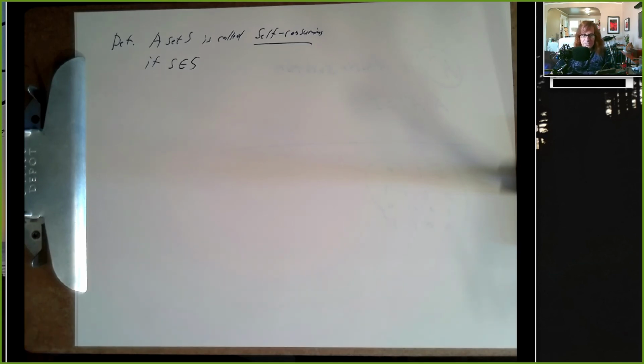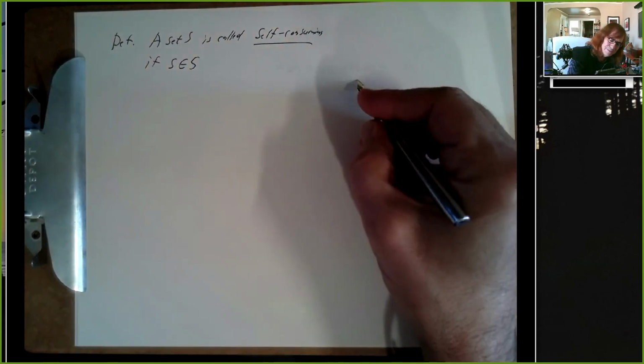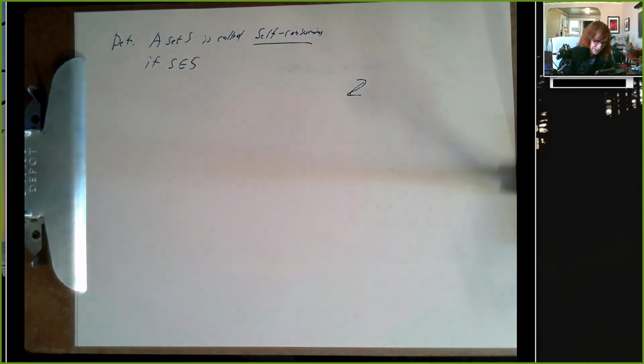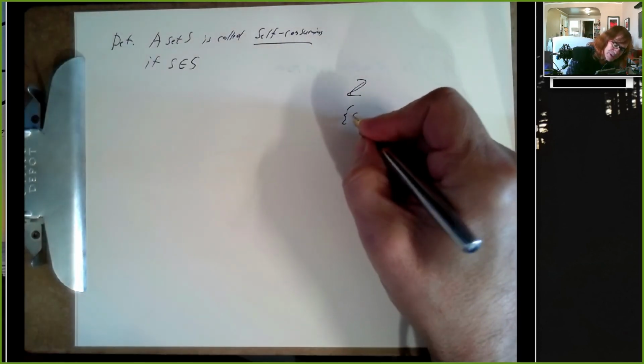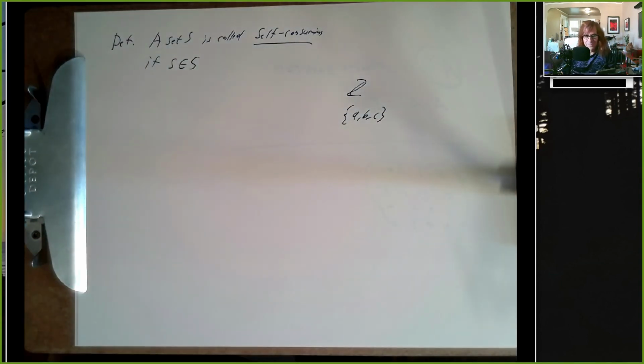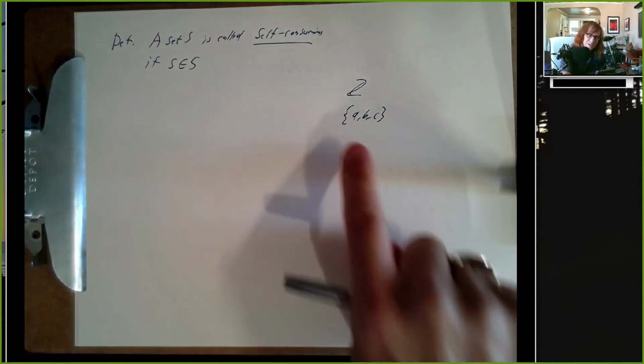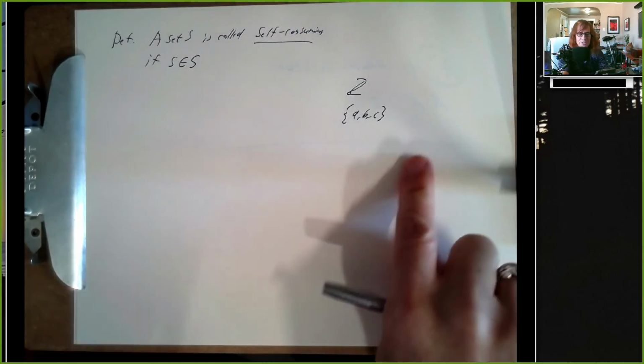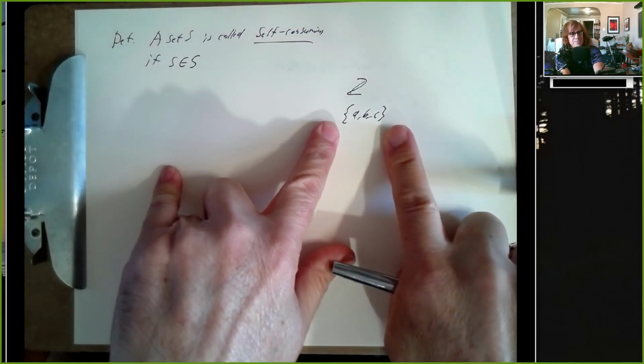And we can say, if this set contains itself, then it's self-consuming. All right, so the set of integers, for example, is not self-consuming. The set of integers Z contains 1, contains -5, does not contain Z. So that's not self-consuming. The set {a, b, c} is also not self-consuming, because it only contains 3 things, a, b, and c. It does not also contain this set.